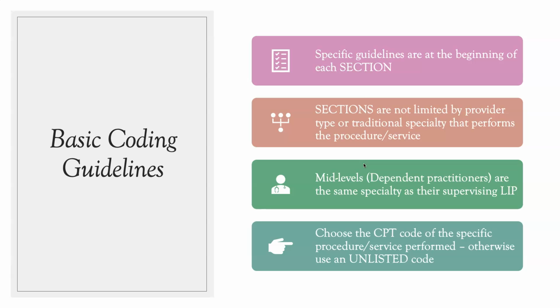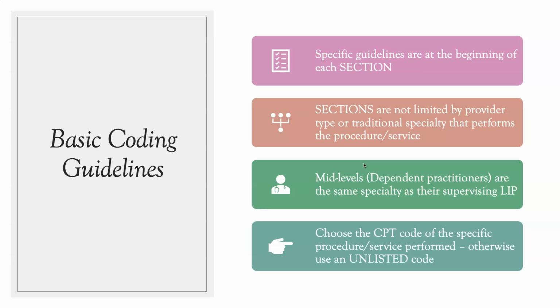So basic coding guidelines. There are specific guidelines at the beginning of each section. The sections are not limited by provider type or traditional specialty that performs the procedure or service. Example with anesthesiologist. A lot of colonoscopies, the anesthesia, which is usually Versed, which is sedation, not anesthesia, but sedation, is performed by the gastroenterologist that's doing the colonoscopy.